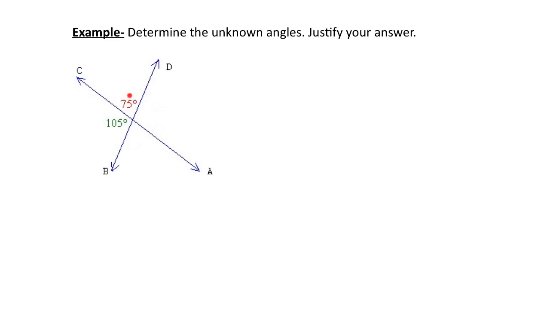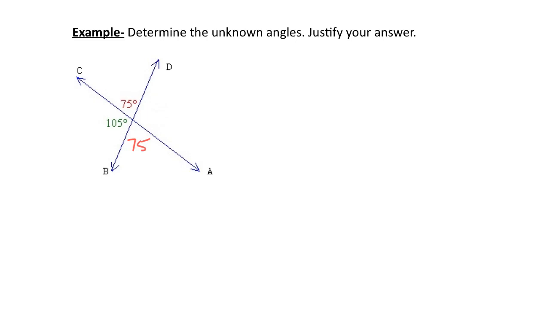So for instance, I know that this angle is 75 as it's marked for me, and there is an angle that is directly opposite to it. So knowing the opposite angle theorem, I know that this angle here at the bottom also needs to be 75 degrees. So I've gone ahead and filled that in.